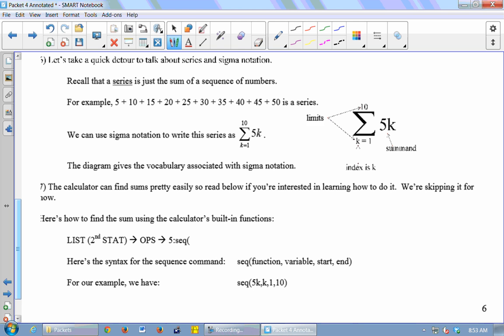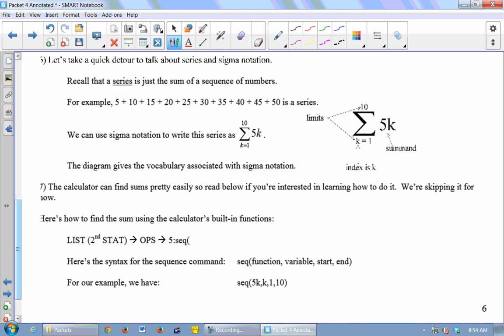And you'd say, okay, so I'm adding multiples of 5, so that's where this 5k comes from. 5 times something makes a multiple of 5. And we're saying, okay, let k go from 1, because 5 times 1 is 5, and that will give me my first value in the sum, to 10.